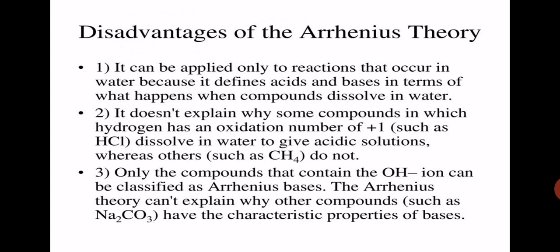Number 3, only the compounds that contain the OH minus ion can be classified as Arrhenius bases. This theory can't explain why other compounds such as Na2CO3 have the characteristic properties of bases.